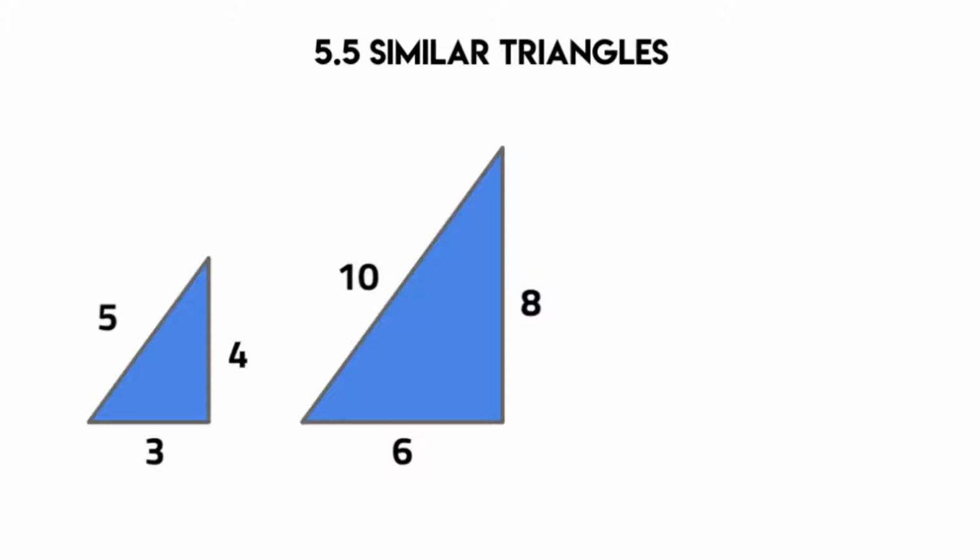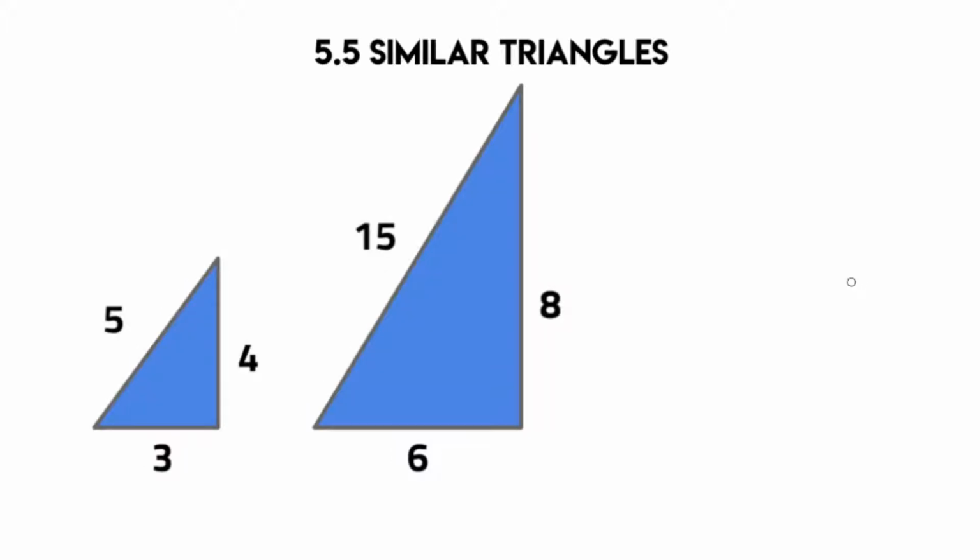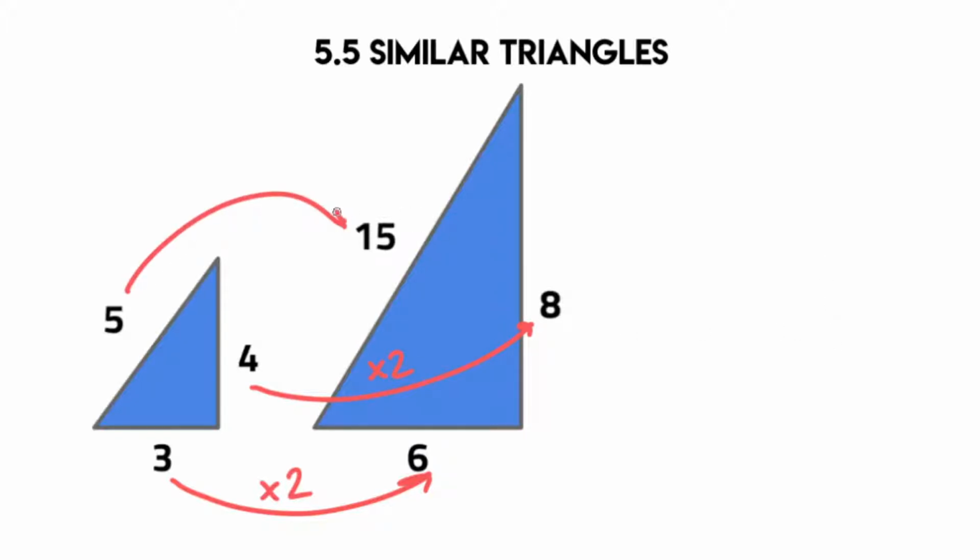So now let me give you an example of a triangle that's not similar. Again, we have 3, 4, and 5, but this time we have 6, 8, and 15. Once again, the 3 becomes the 6, it's times 2. The 4 becomes the 8, which means it's multiplying by 2 as well, but this time, our 5 multiplied by a 3. That's how we know these are not similar triangles.